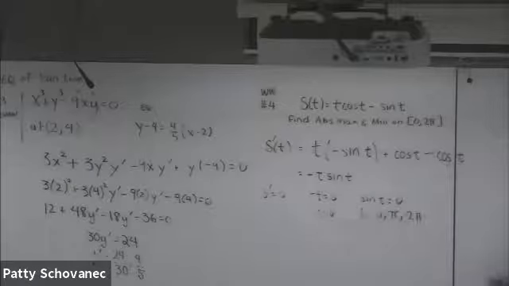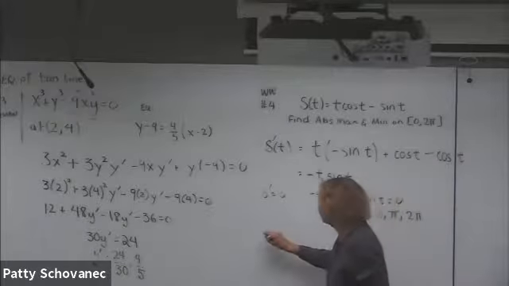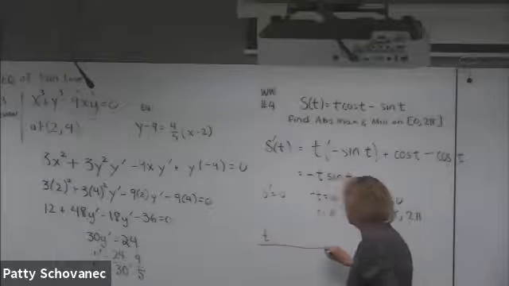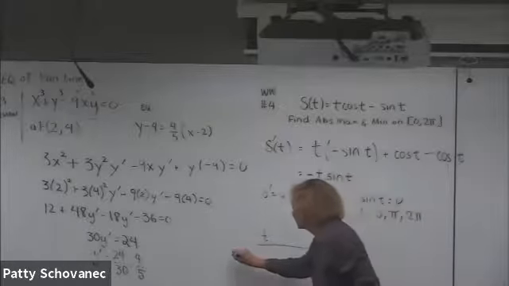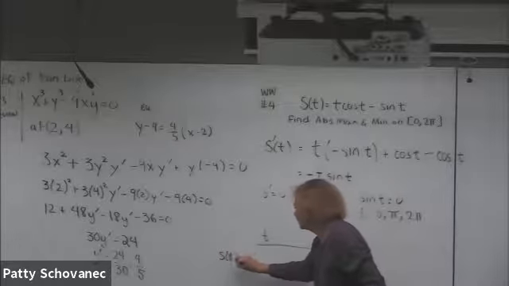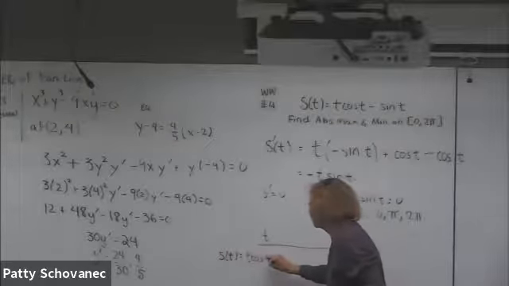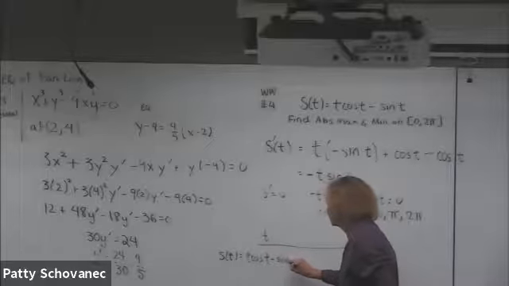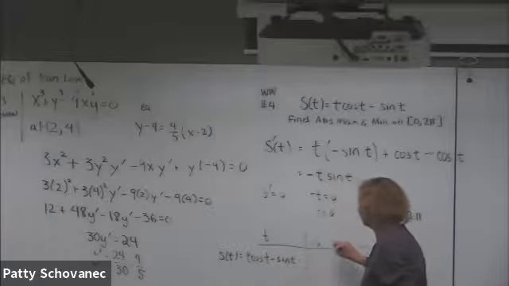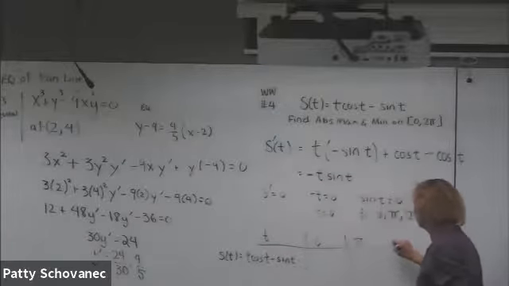We're going to evaluate S at these 3 points anyway. So let me do my table this way. So 0, pi, and 2 pi.